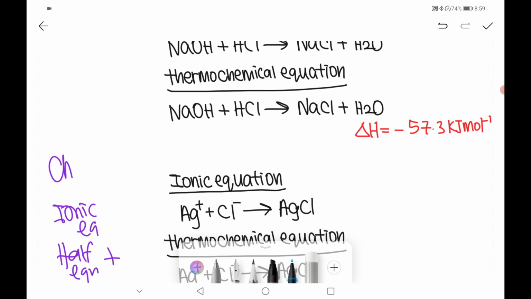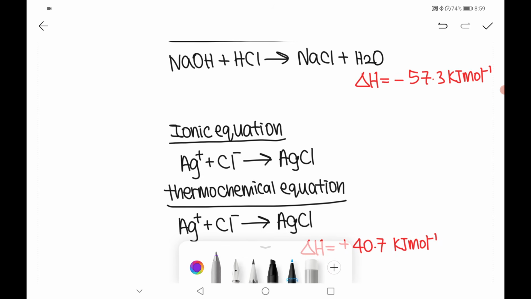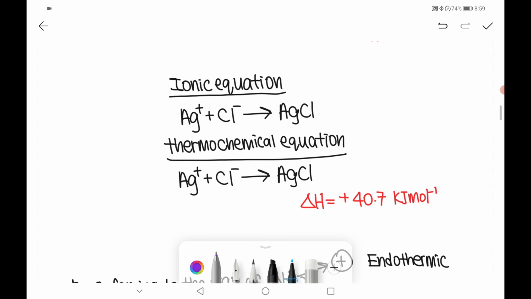So whenever you see an equation with a delta H in it, you know that equation is called a thermochemical equation.